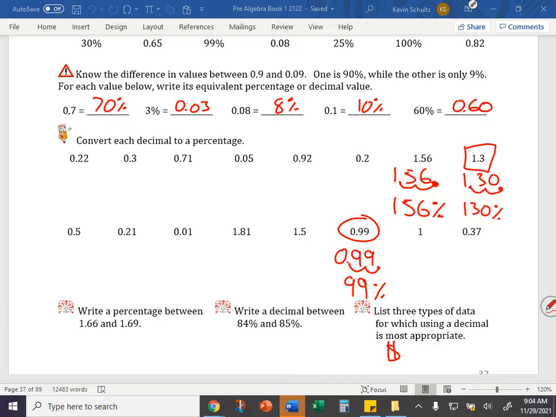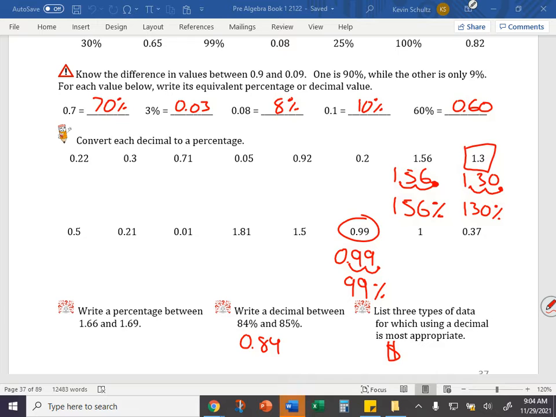I don't understand. So the second brain buster there says write a decimal between 84% and 85%. What's 84% as a decimal? 0.84. Okay.